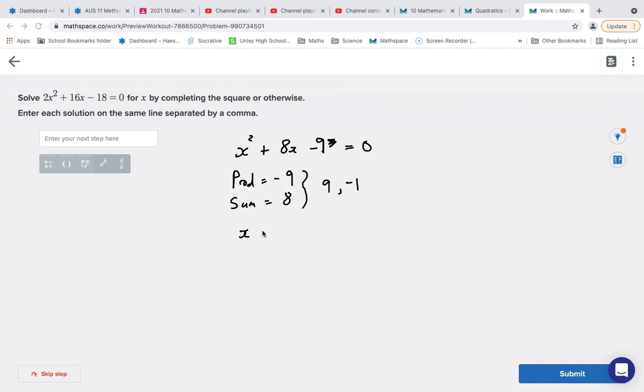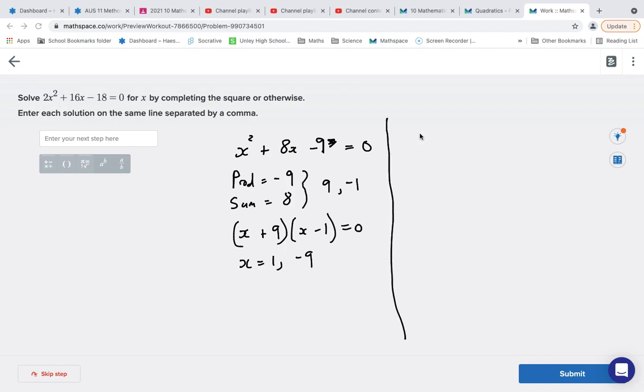I'm not sure why, but MathSpace wants me to complete the square, which I wouldn't actually do. I only complete the square when I need to, although it is a good technique.